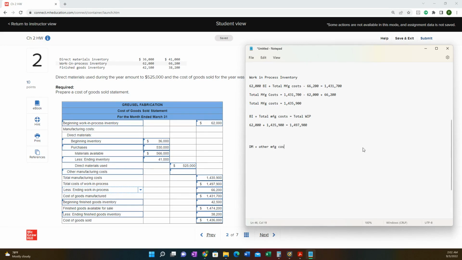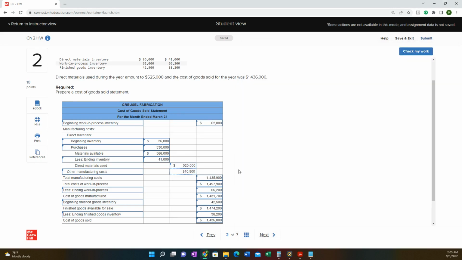Our direct materials is $525,000. We don't know what other manufacturing costs are, but we do know that total manufacturing cost is $1,435,900. So when we move the $525,000 to the other side of the equation, we do $1,435,900 minus $525,000. We get $910,900. And that's the end of our question.